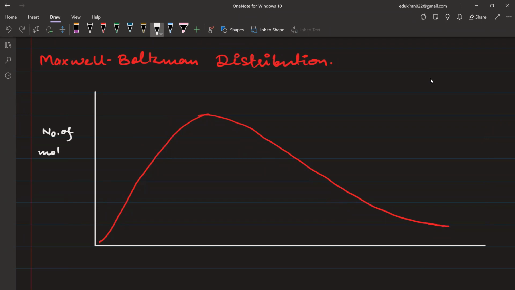Just a second, guys. Sorry about that. Here we have the number of molecules, and here we are going to have the kinetic energy.